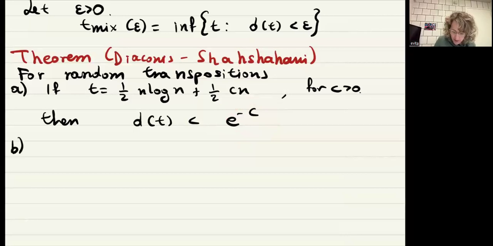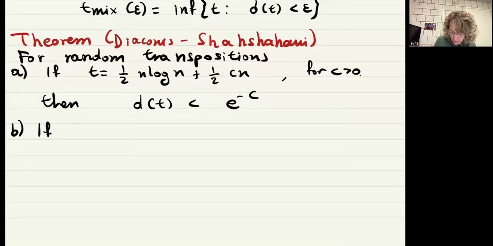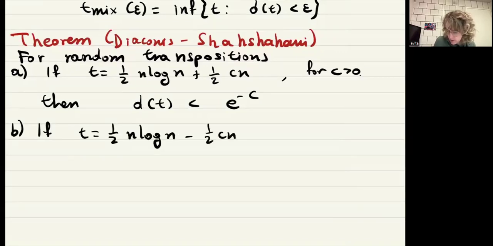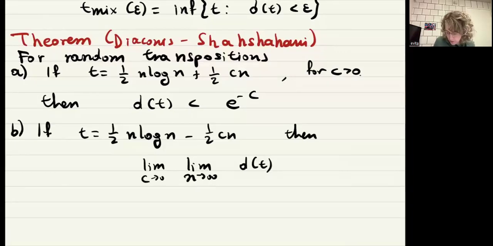And part B says that if we take a few less steps, then if we take total variation distance at this time, and of course there is a dependence on n and c on t when I write it this way, and I take first the limit in terms of n and then the limit in terms of c, that is going to be 1.